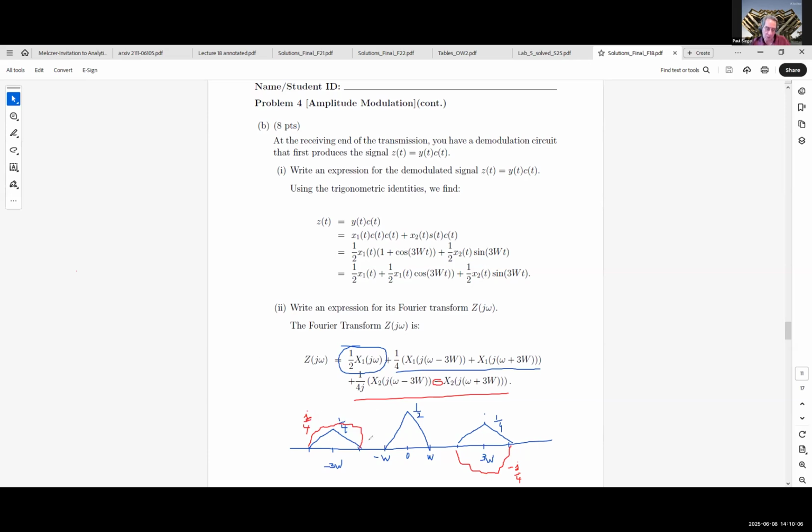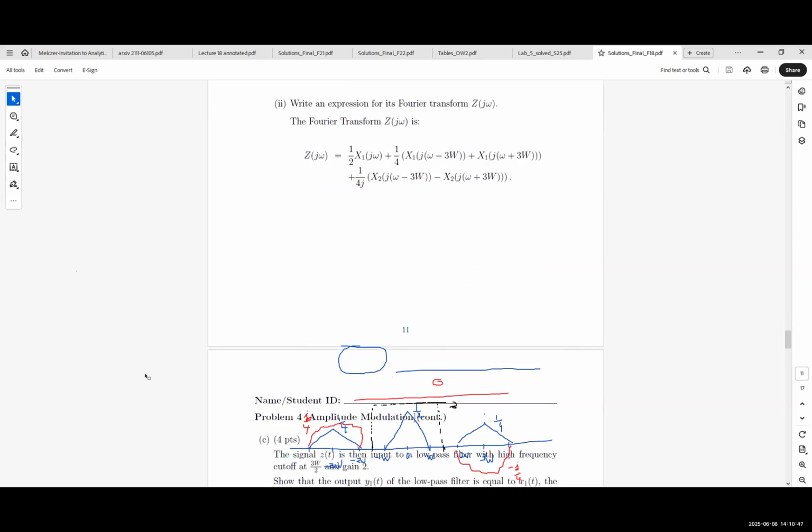But the bottom line is that when we throw in our low pass filter, remember the low pass filter cutoff was at minus 3w over 2 and plus 3w over 2. So that's going to be right here, because this is minus 2w and this is positive 2w. So it's going to be right in that ballpark, and it's going to filter out those frequencies. And its gain factor, I forget what it said, but I'm assuming it was 2.